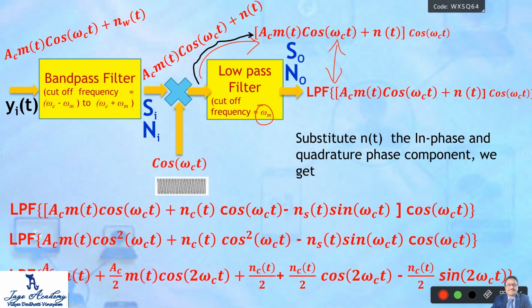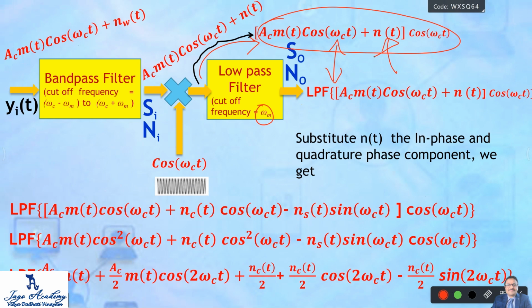Now, this is the equation you have. Now, what is n(t)? You already have the equation for n(t), right? You have n(t) written in terms of its in-phase component and quadrature phase component. You have both.